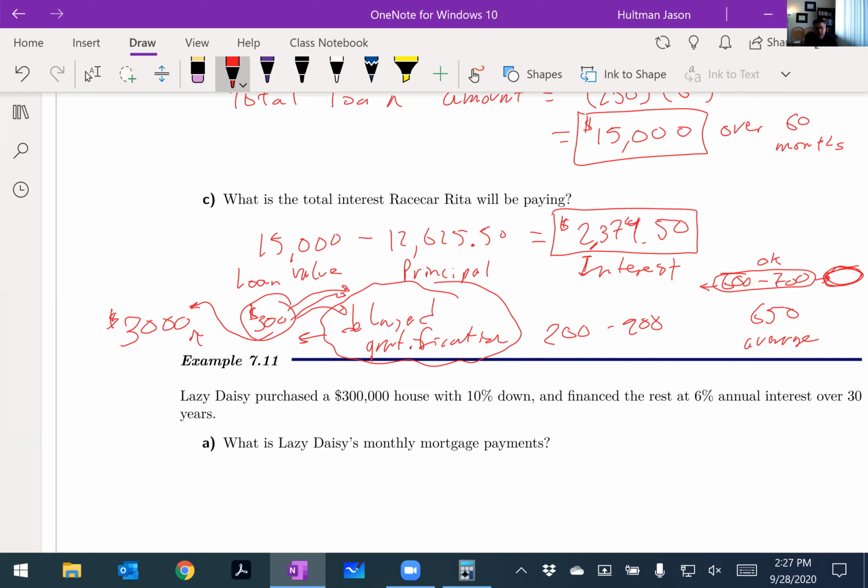If you saved up $200 a month for 6 months, you'd have $1,200, and then you wouldn't have to charge it on a credit card that's going to be at like 29% interest. It's a really high interest loan. It's really bad. 29% interest, so a ton of money is going just to interest. So really bad.